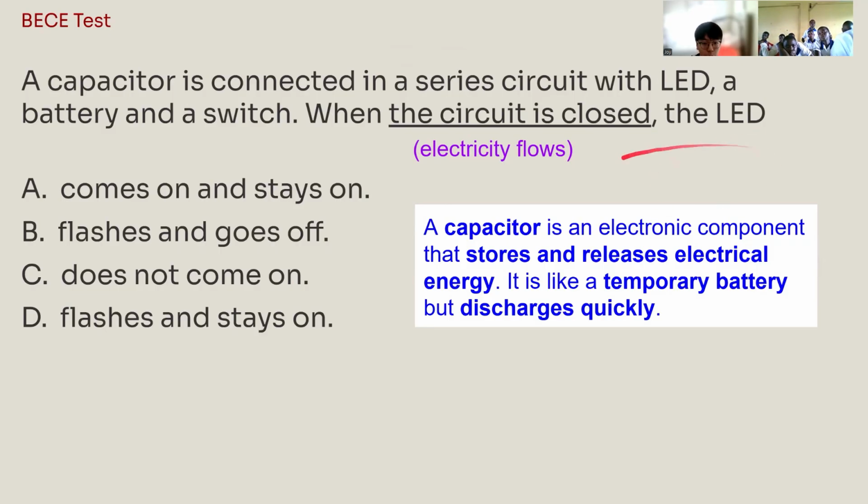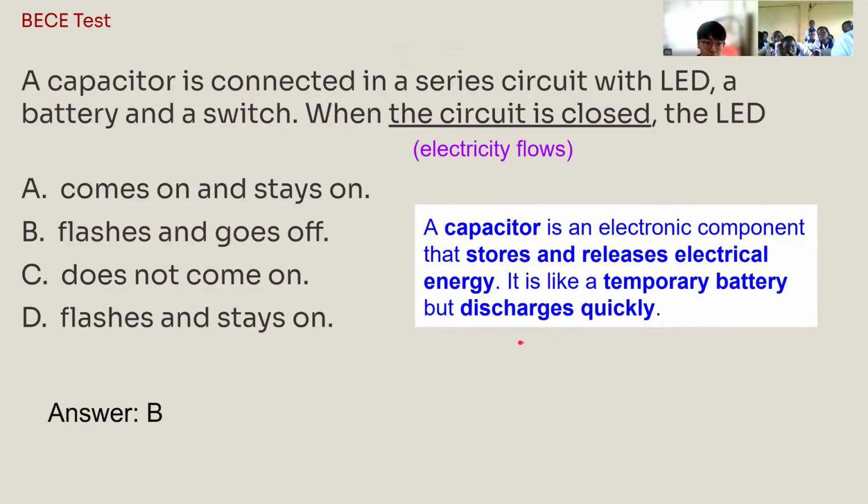Oh, we didn't quite talk about this yet, but what it does is that when a capacitor is connected, remember, it is a very fast and short amount of energy. So it is like a temporary battery, but it discharges quickly.